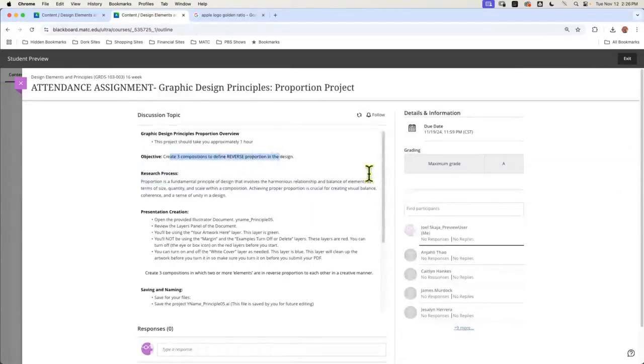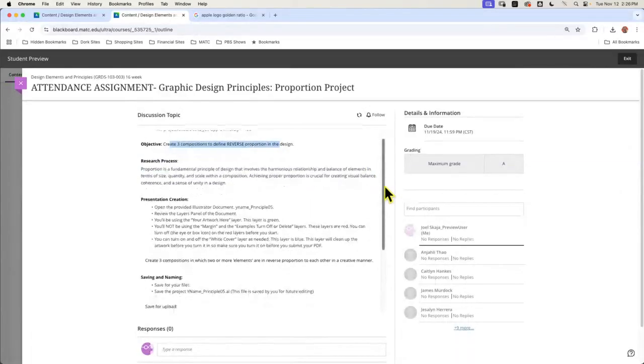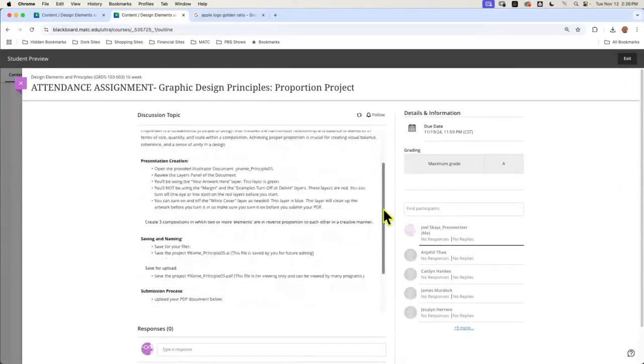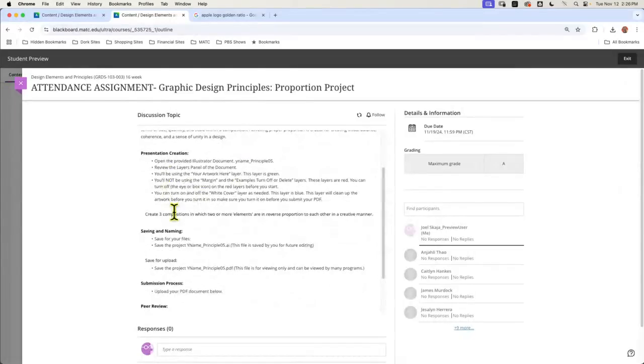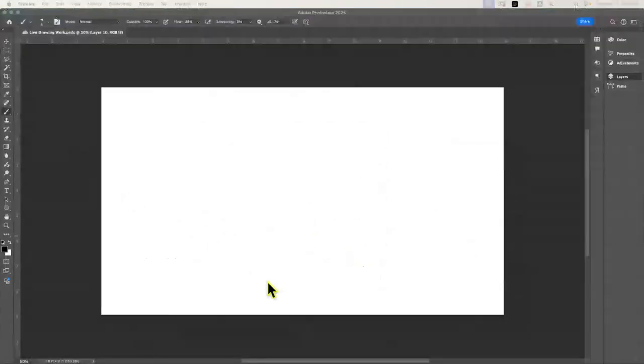Three compositions to define reverse proportion of design. Three compositions in which two or more elements are used in reverse proportion to each other in a creative manner. It's not as hard as you think. I am going to do one example for you.